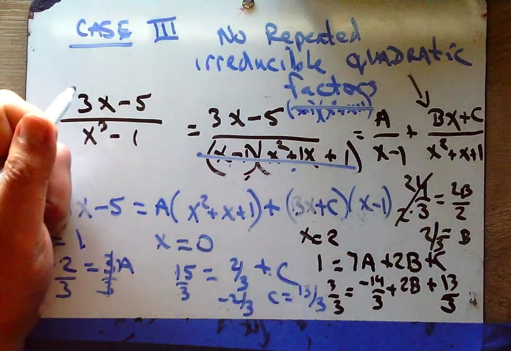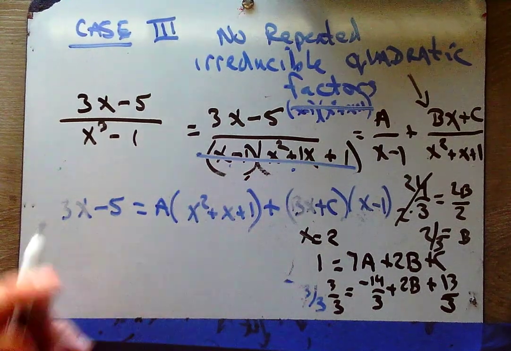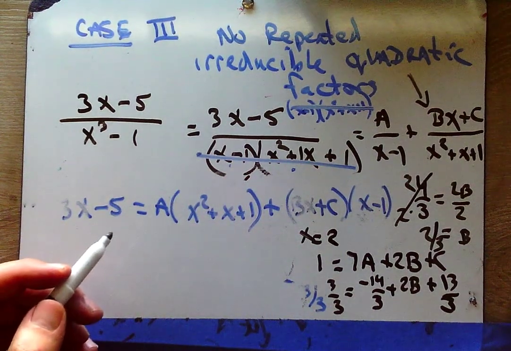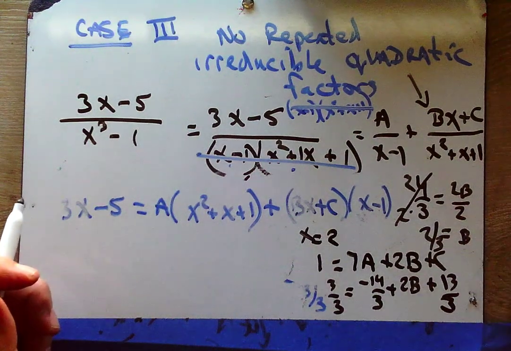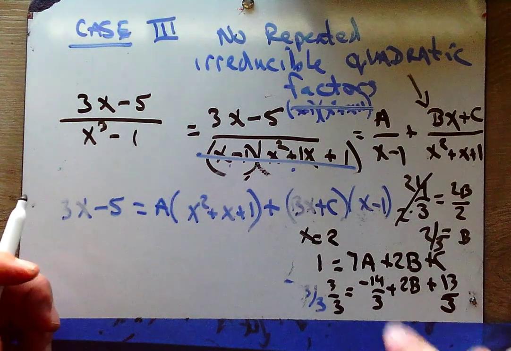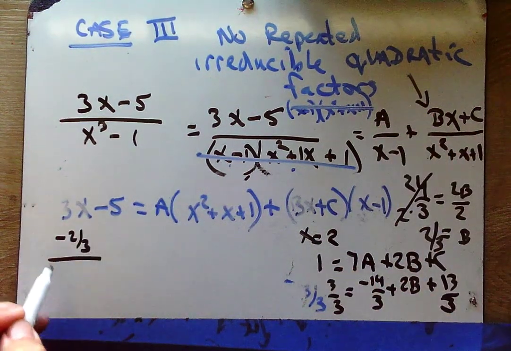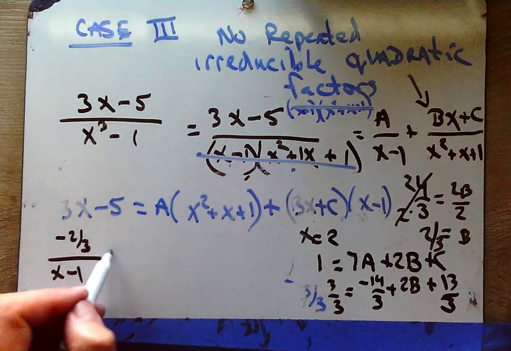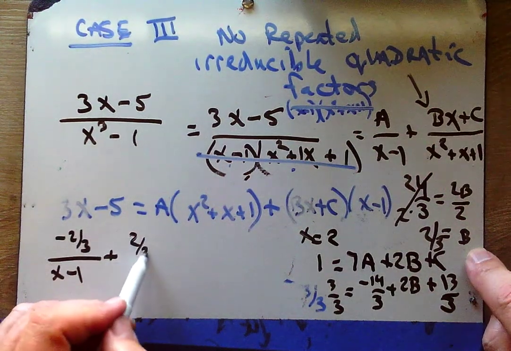Now, if you're looking this up in the back of our textbook, you're going to see something different from what most students write. Most students say, okay, I've got this value of negative 2/3 for a, so I write negative 2/3 over x minus 1. And then our b value turned out to be 2/3 x.